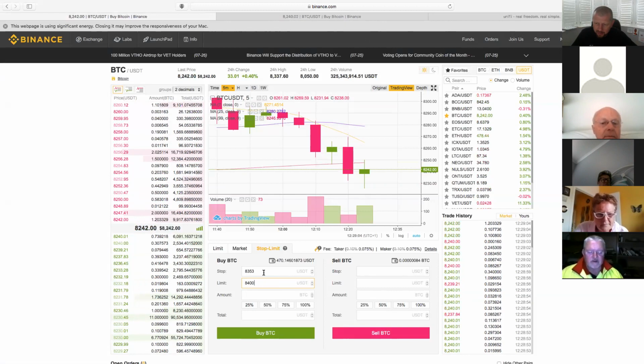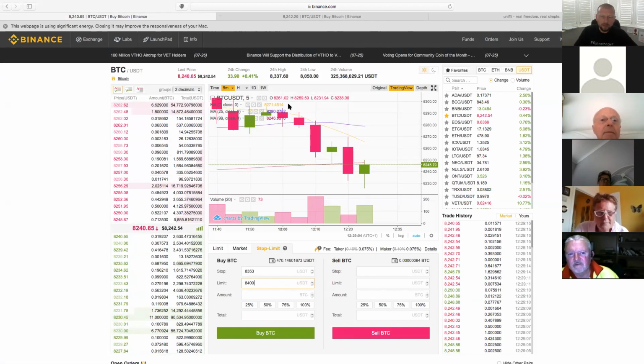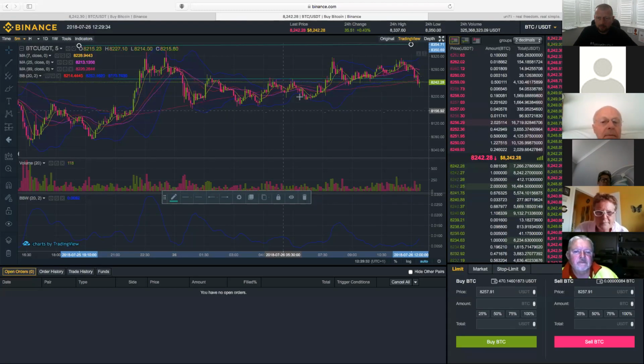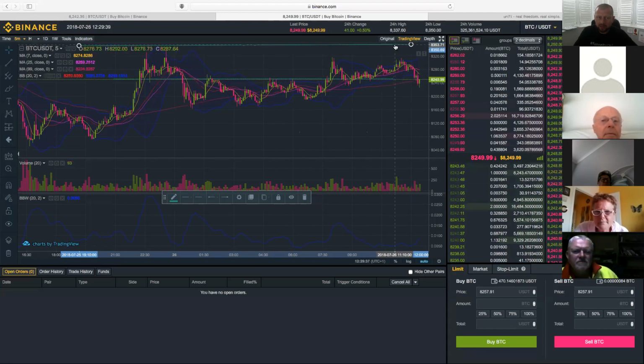So the whole point of the stop limit is that if the value of Bitcoin swings and goes up through this line here, we want to be in Bitcoin.